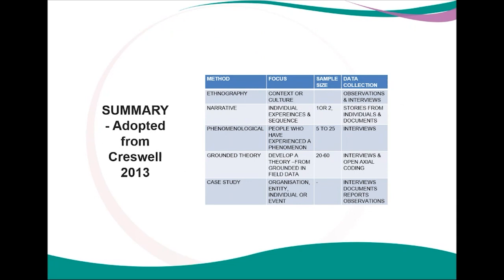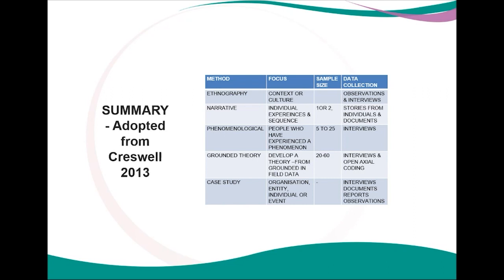This is just a summary of the qualitative sampling methods and your design. For example, if you are ethnographic, like I said, the focus of ethnographic design is on the context or the culture of the population.